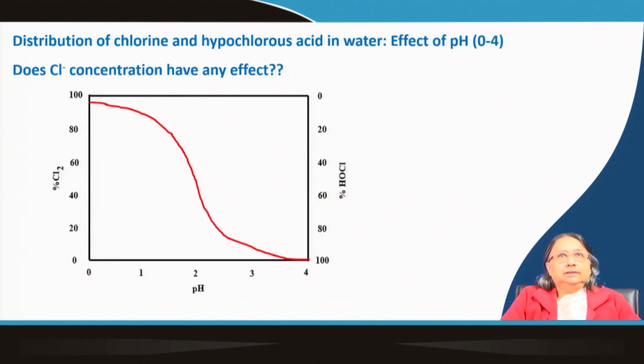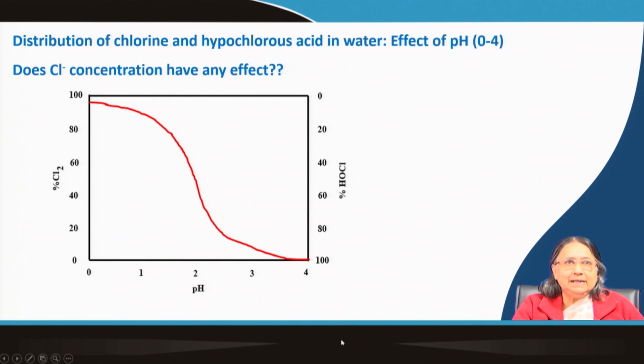Anyway, so here is the distribution of chlorine and hypochlorous acid. If you consider the first reaction, then you can see the pH range, that is why it is selected 0 to 4, and you can see the curve here, percentage of chlorine. So, here 0% and here 100%. And the percentage of HOCl is in the opposite direction, 0% and this is 100%.